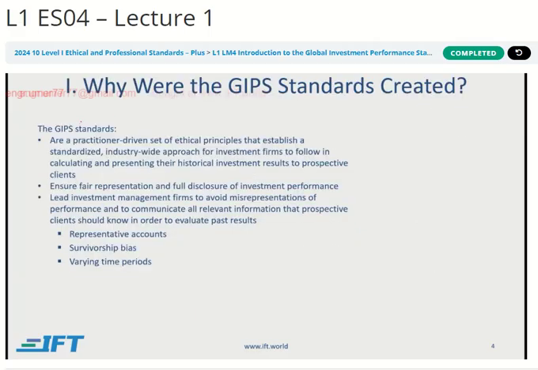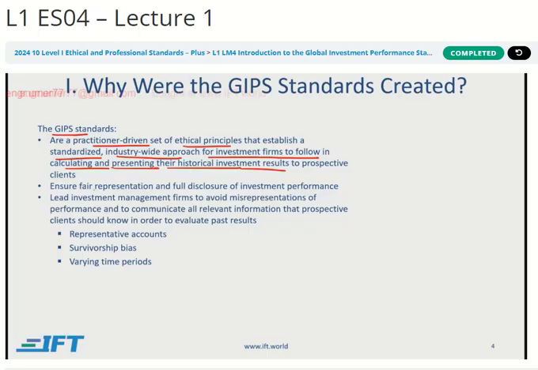Now here we talk about the GIPS standards. The GIPS standards are a practitioner-driven set of ethical principles that establish a standardized industry-wide approach for investment firms to follow in calculating and presenting their historical investment returns to prospective clients. So the key point is that the GIPS standards have to do with how investment returns are presented.